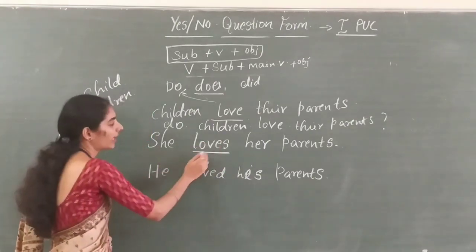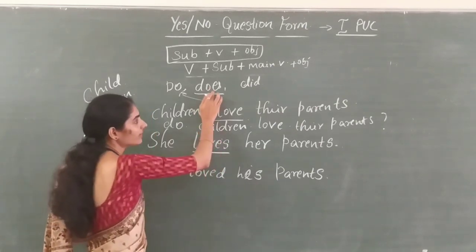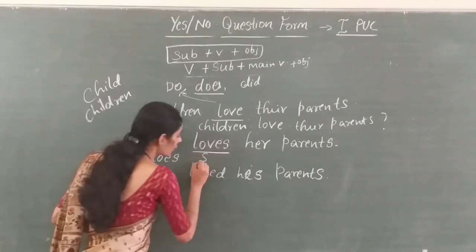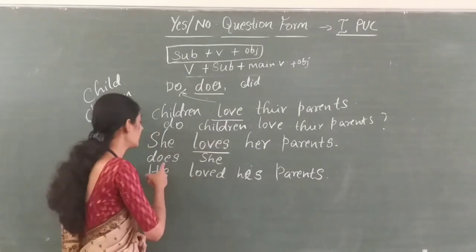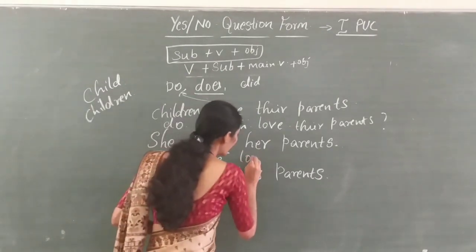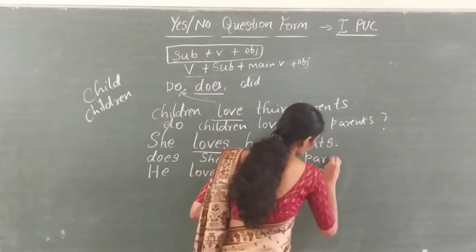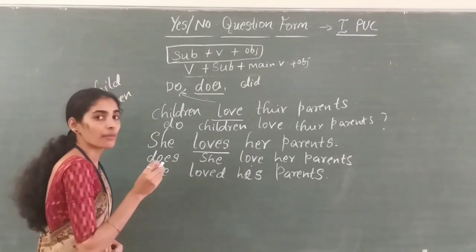So now, whenever there is s added to the verb, then it takes does. So it becomes does she, not loves but love. Does she love her parents?